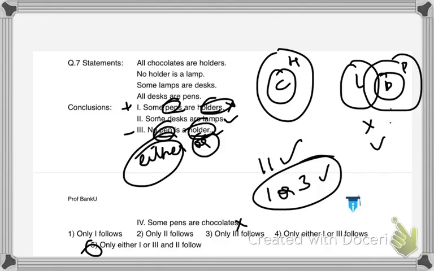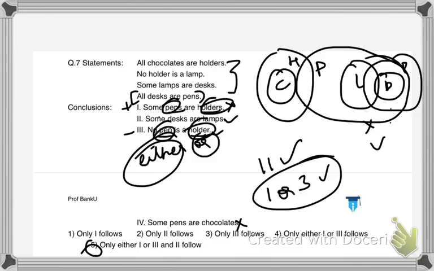Now if we make many diagrams for these four statements, then either no pen will be a holder or some pens will be holders, because we can draw this particular statement, your statement number 4, like this also.